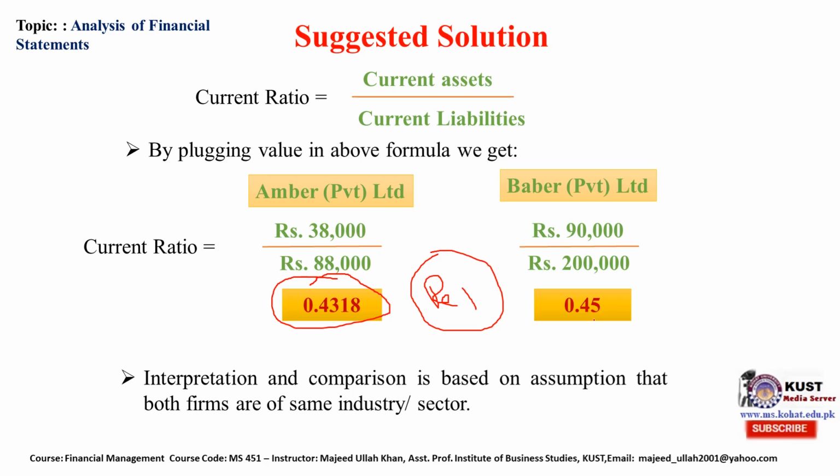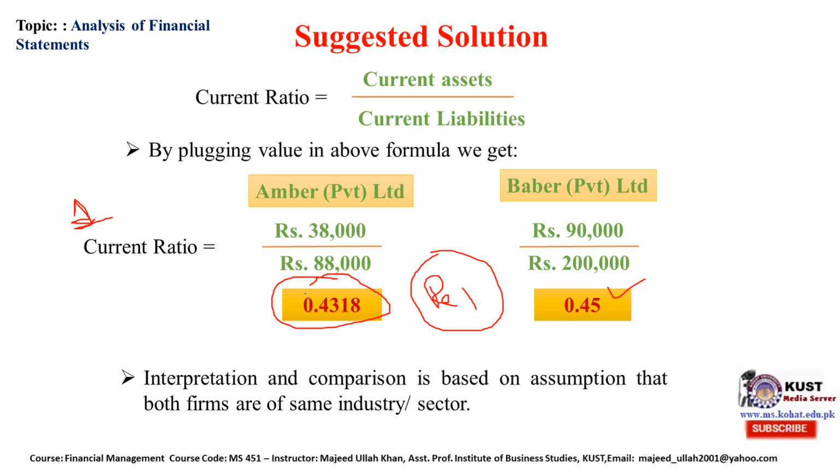So apparently Babar Limited is better than Amber Private Limited, but often the current ratio should be 1, meaning 1 rupee of asset should be kept for paying 1 rupee of liability.